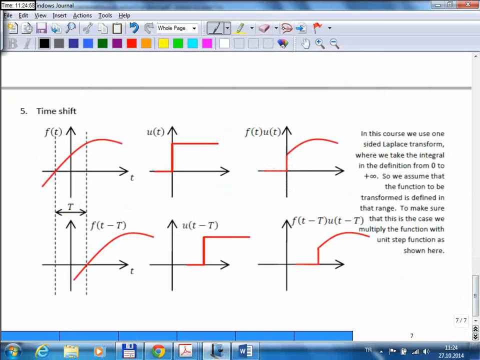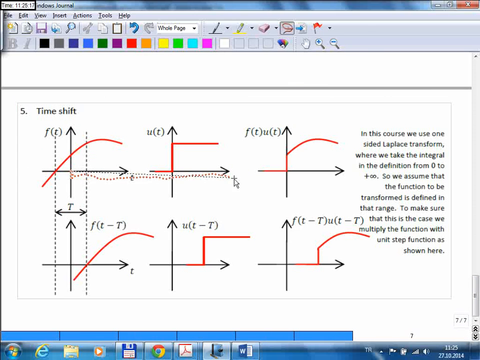So this is our original function, and we call that f of t. Before the shifting, let's talk about this. If you want to take the transform of this function, we take the transformation in the positive time axis, right? So we integrate from 0 to positive infinity.